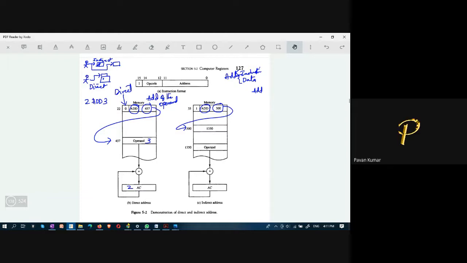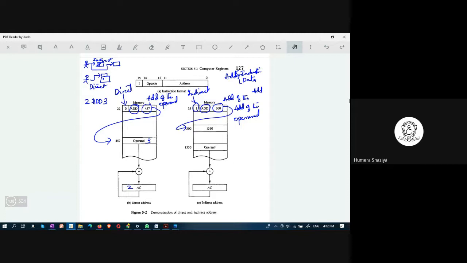The mode bit is 1. Very good. Mode bit denotes that it is an indirect address, and this 300 is not the address of the operand, rather the address of the address of the operand.